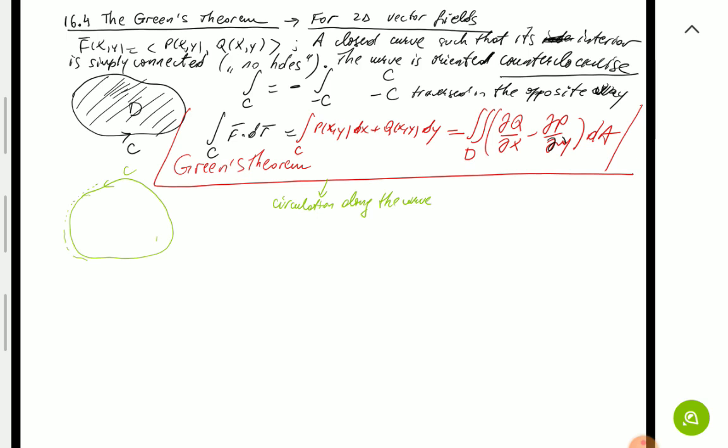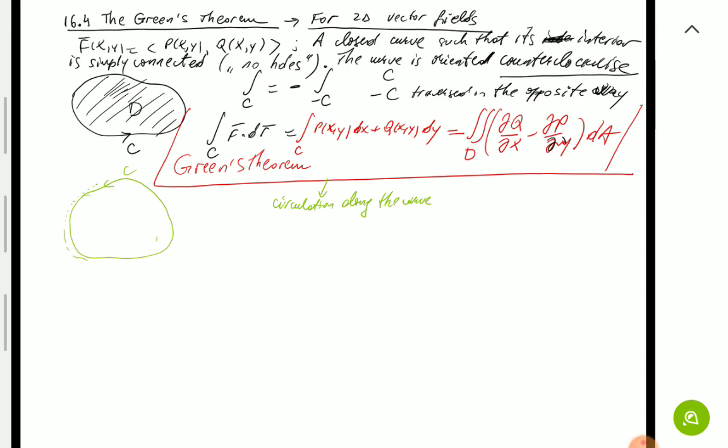If you imagine the curve is, let's say, the edge of an object, you basically want to measure how much of the fluid goes around that curve. The physical interpretation is maybe a little bit hard to imagine, granted, compared to other theorems we're going to have in this unit.